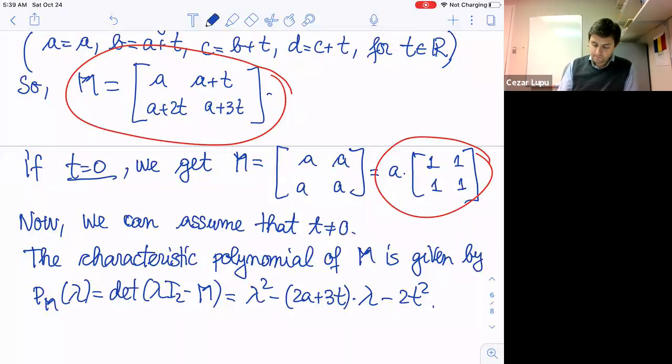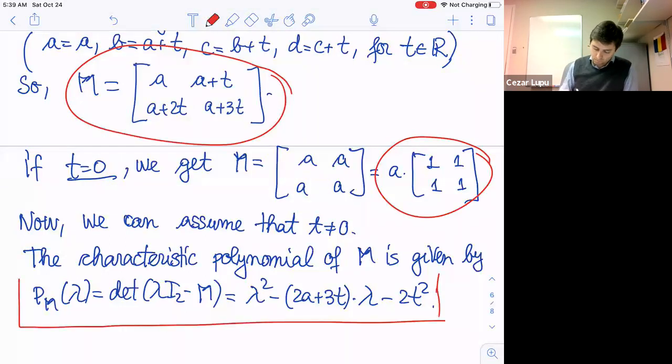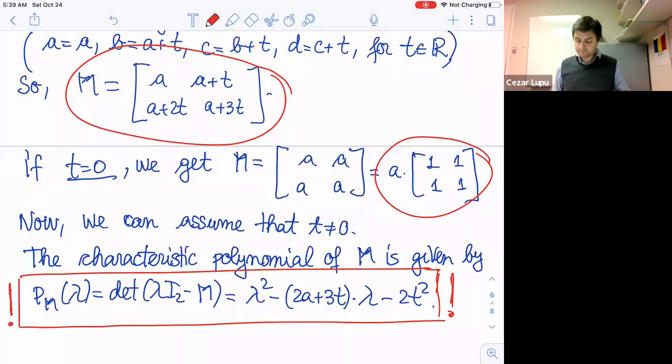Let's look at it, and maybe we can point out some observations here. What can we say? Clearly, the degree of P_M is at most 2.